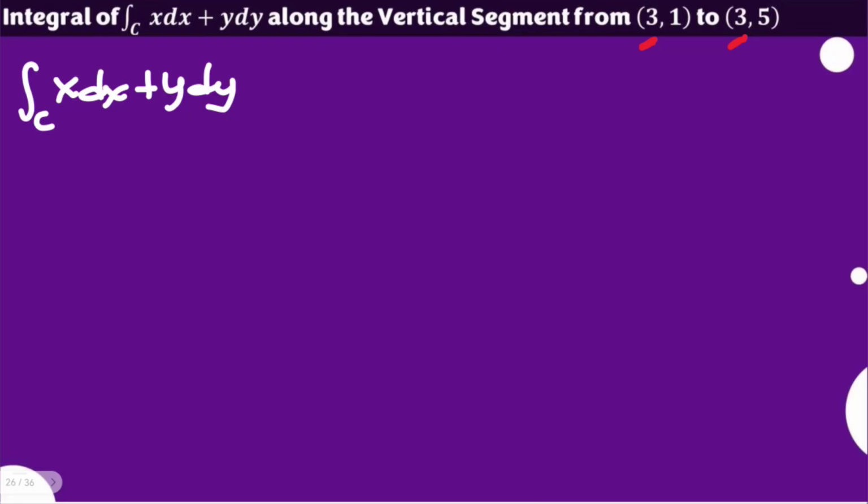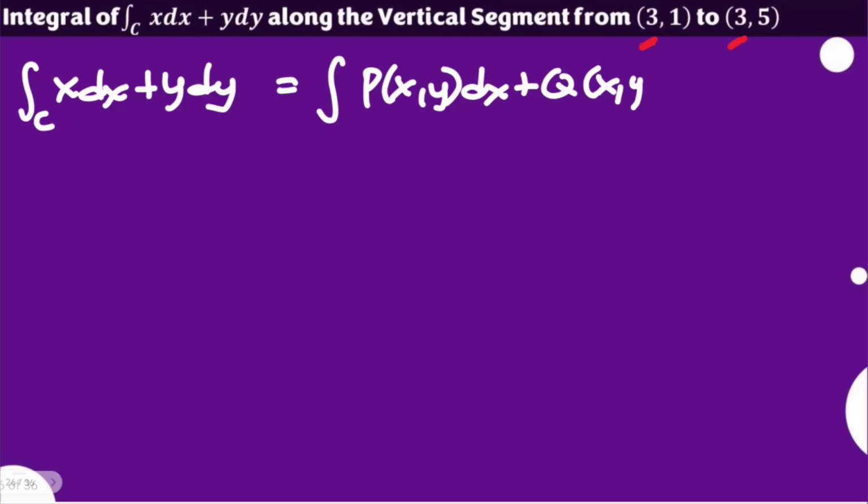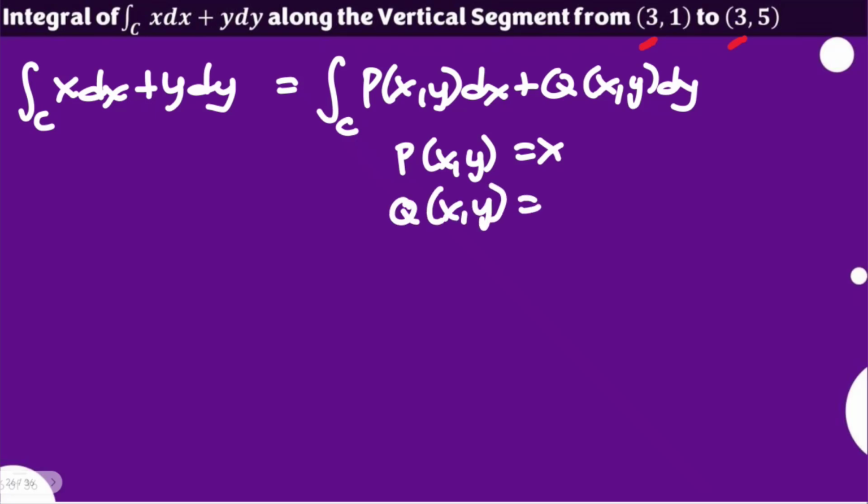By the way, this is of course equivalent to the integral of P(x,y) dx plus Q(x,y) dy for your path, which is again a vertical line segment. This tells us that your P(x,y) is just x and your Q(x,y) is actually y.